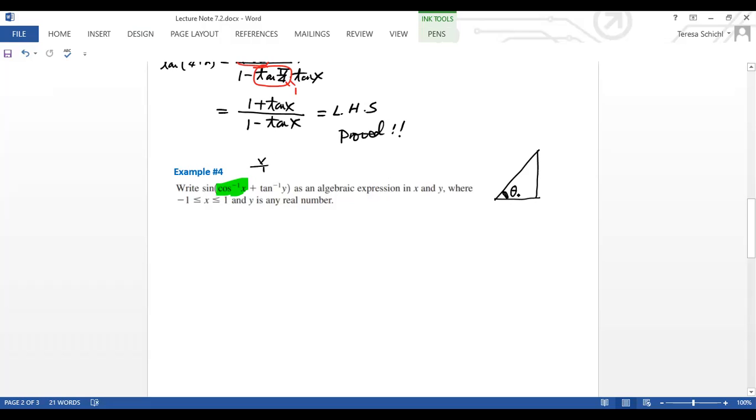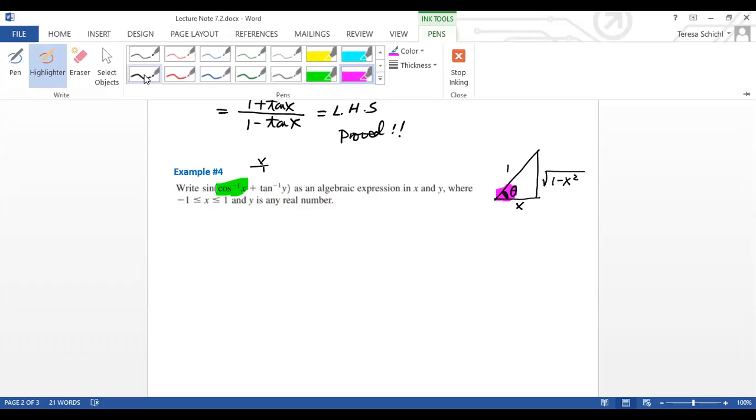So the adjacent is x, and my hypotenuse is 1. Then by the Pythagorean theorem, what is this side? It's the square root of 1 minus x squared. All right, so this is the angle theta, let me mark it.